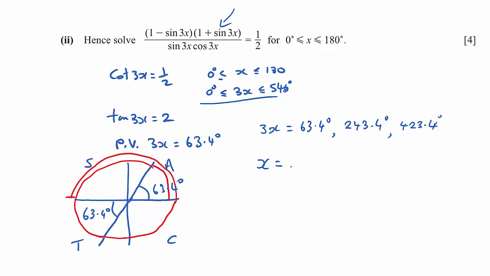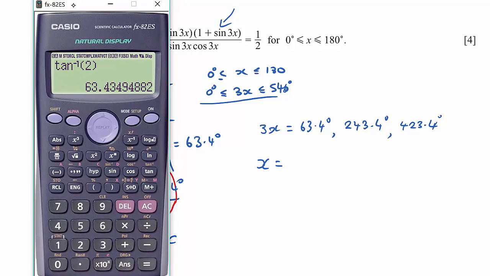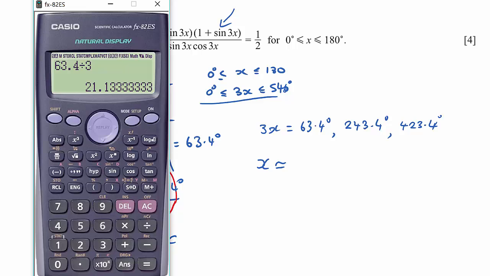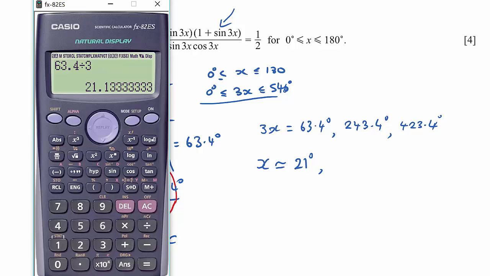So x is going to be, so what have we got? 63.4 divided by 3, which is, I'm just going to give it as 21. I can't really give decimal places. I should have stored more decimal places here knowing I was going to divide by 3. It doesn't matter. So 21 degrees and 243.4, divide that by 3.